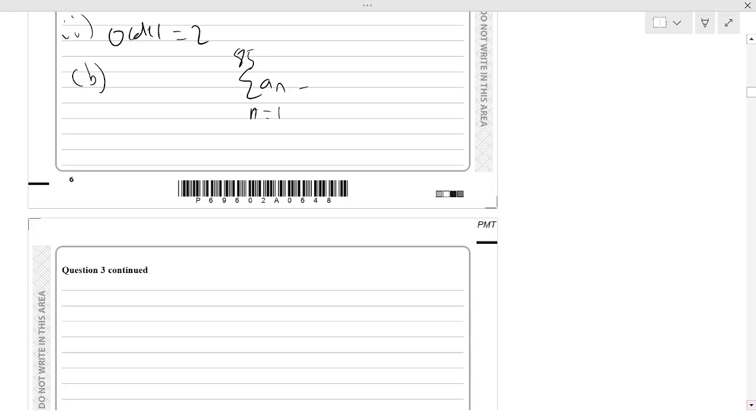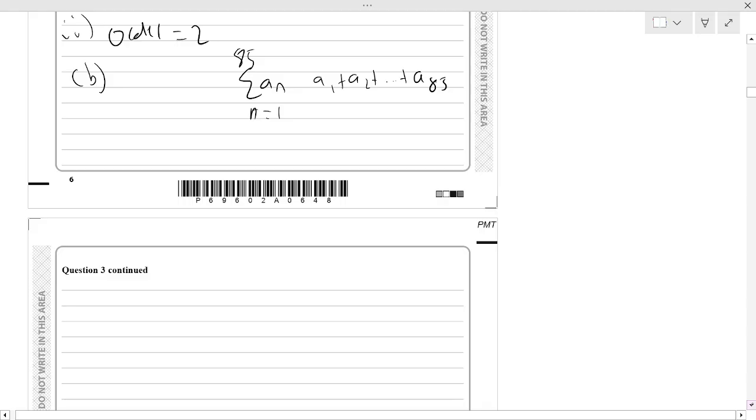So what this is saying is we're summing an from a1 to a85, right? Which is this number here. So this is the starting point, and then that's your end point, and you're adding every term in between. That's all that's going on here.